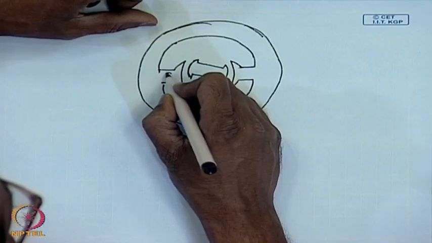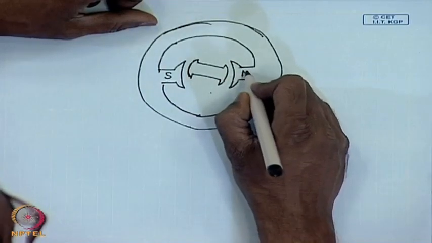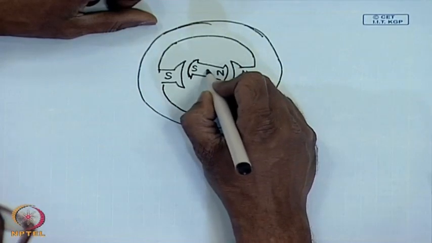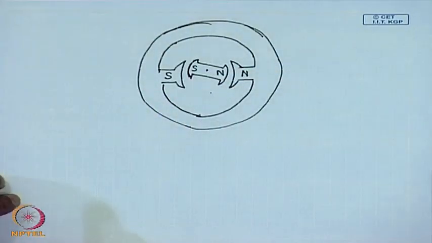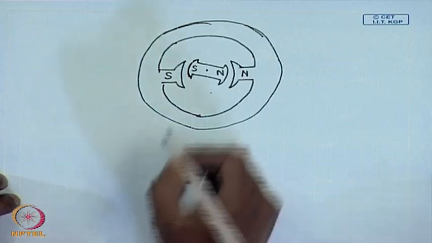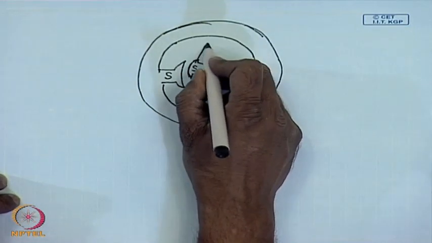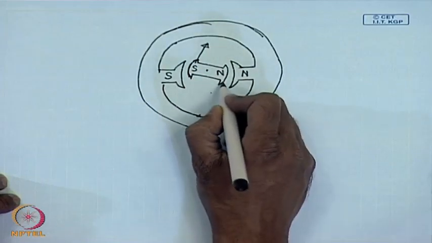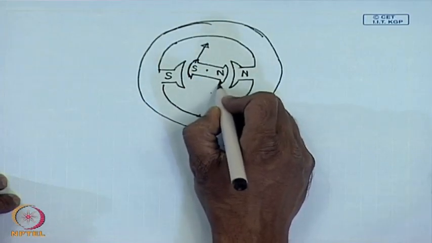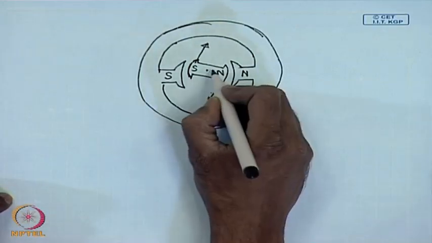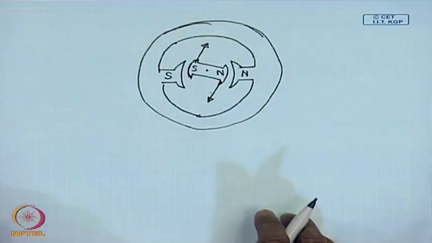Now, I make this south, this north, this is south, this was north. What will happen? Now, there will be a repulsive force which will force this rotor in this direction and there will be another repulsive force which will force this rotor in this direction. So, this magnet will continue to rotate.